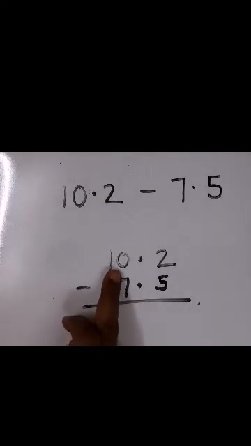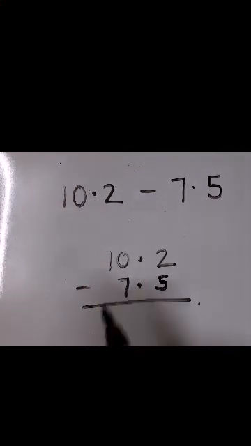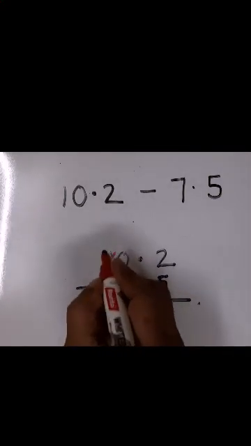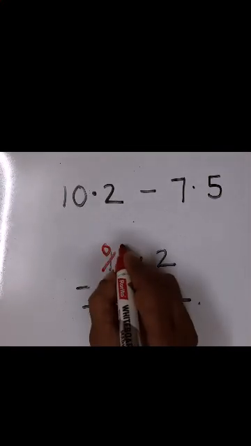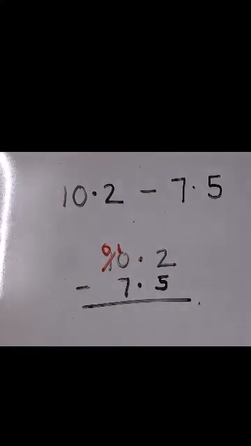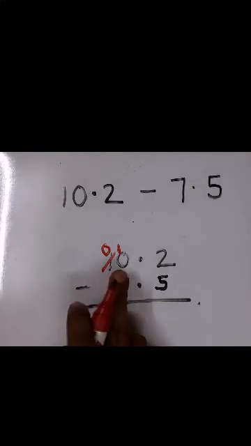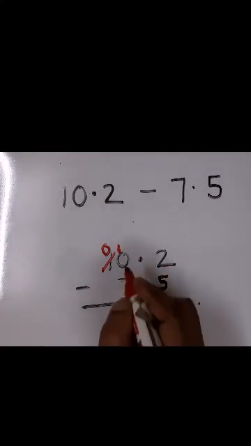Now, does this have this place value? Does it have anything here in the units place? It's 0, right? So, you'll move to the next place value. Okay? You move to the next place value and then you borrow 1. So, when you borrow 1 over here, this remains 0 and this becomes 10. Correct? Now, from here, you have to give this person 1.